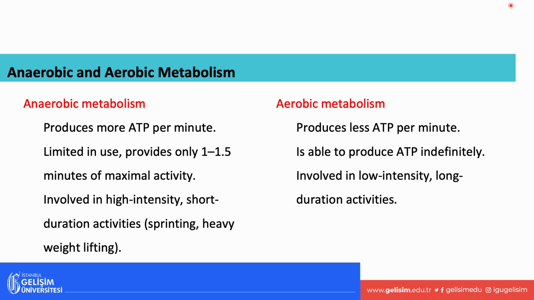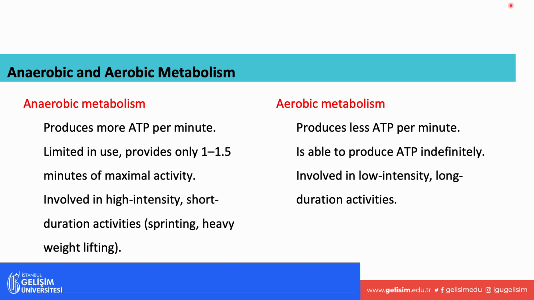And it's mainly involved in high intensity, short duration activities like sprinting, or some very heavy weightlifting. So therefore, it's important for activities that require quick bursts of energy, but again, it can't sustain prolonged physical activity.